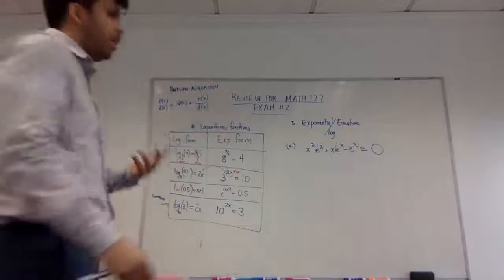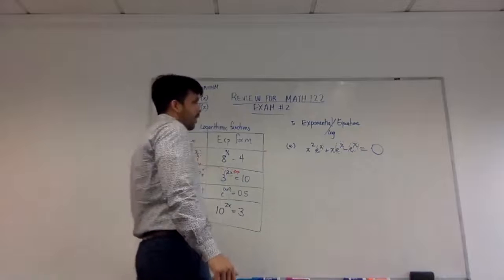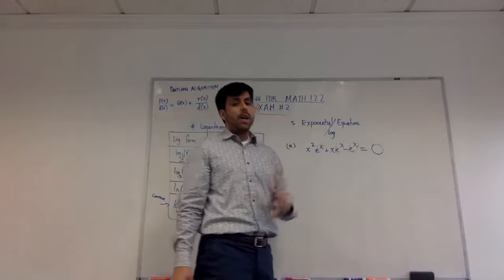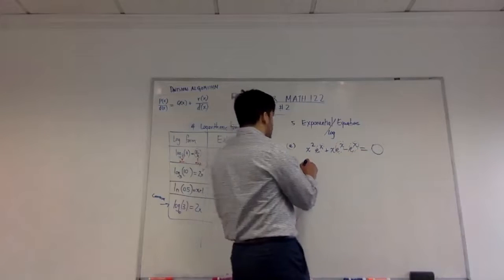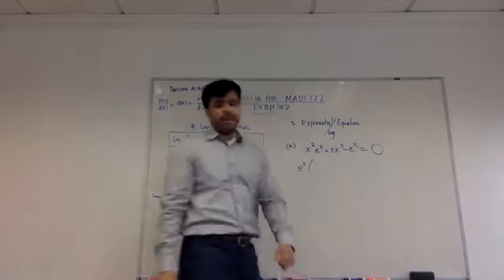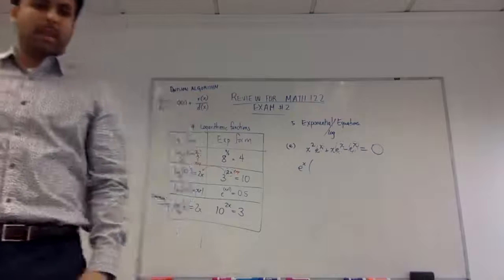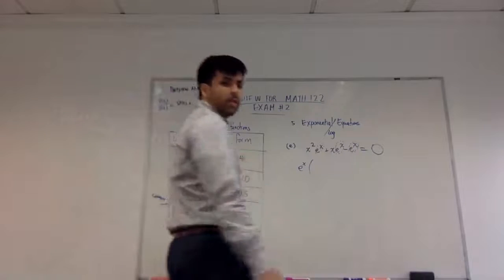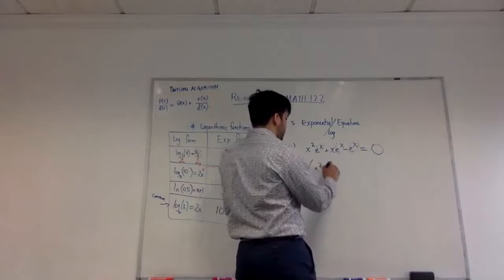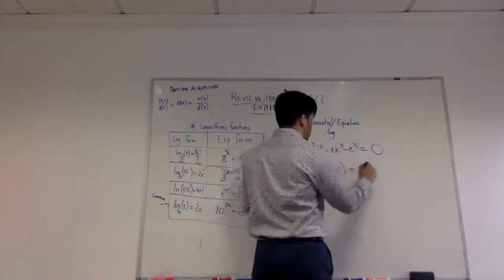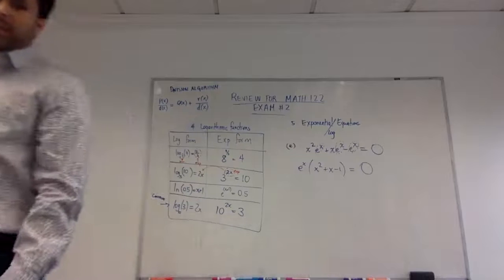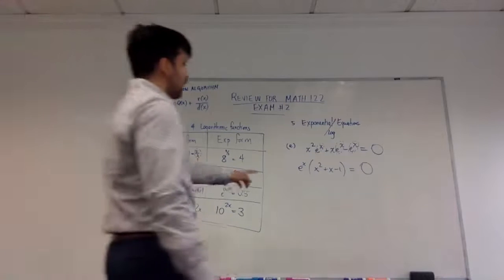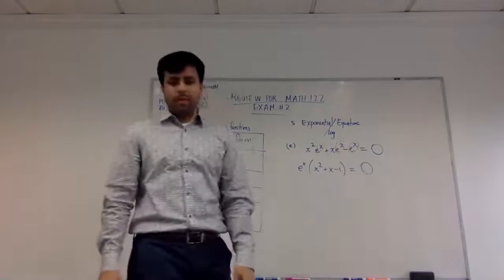So if they're all common factors, I can factor out the common factor. So I get e to the x, and I factor that out. Now I have the parentheses, and what's left inside is a quadratic. So I have e to the x times a quadratic equals 0.